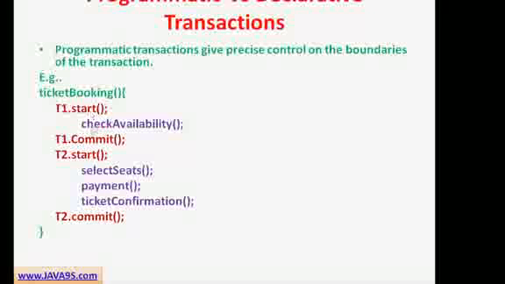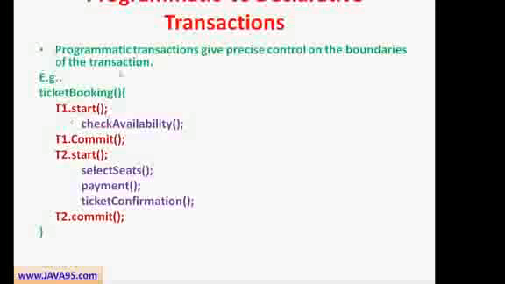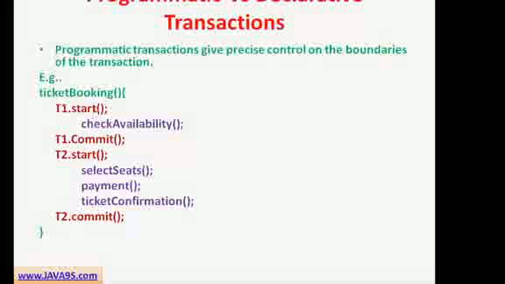The reason is that if you see this ticket booking, object oriented analysis and design says that a method should be designed based on its responsibility, and whatever it is supposed to do, it should only do those things. If you look at this method, the steps involved here are not just about the ticket booking, it is also starting a transaction and committing a transaction multiple times. It is actually affecting the lucidity or the responsibility of this method.